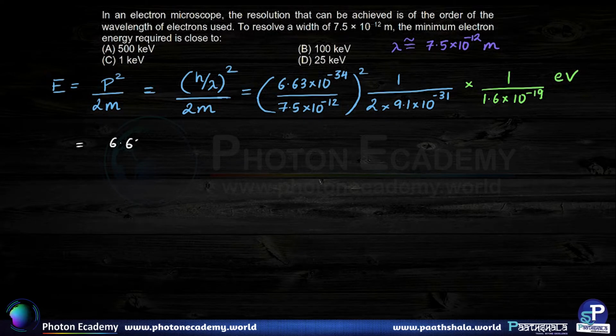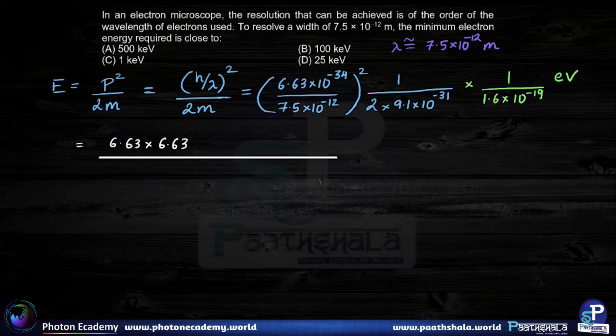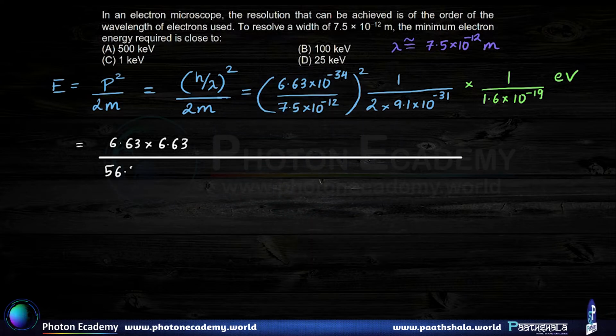So this is 6.63 squared, and in the denominator we are going to have 7.5 squared. If anything is ending with 5, it is usually very easy to square that thing. So 7.5 squared is going to be equal to 7 8s are 56, so this is going to be equal to 56.25 × 10^-24, because (10^-12) squared is 10^-24.